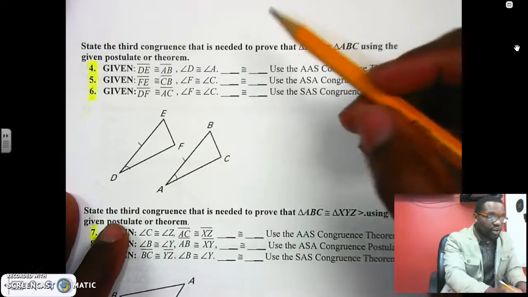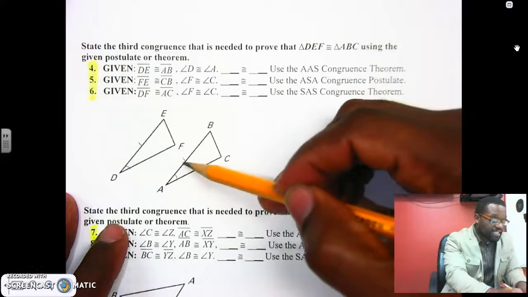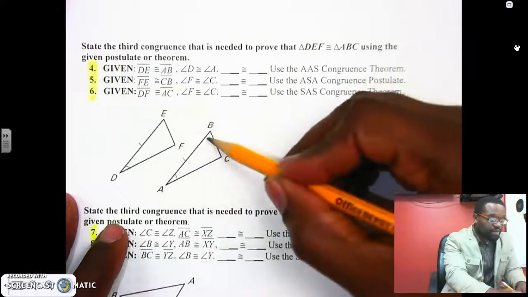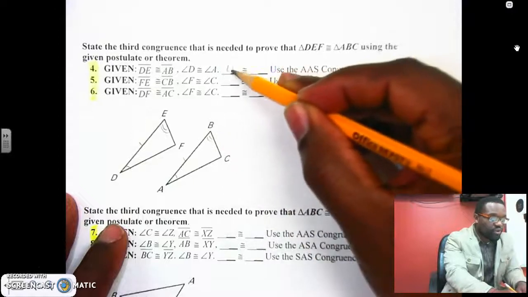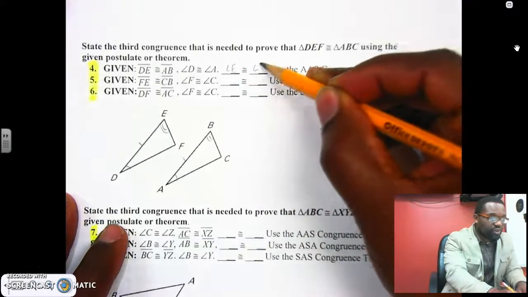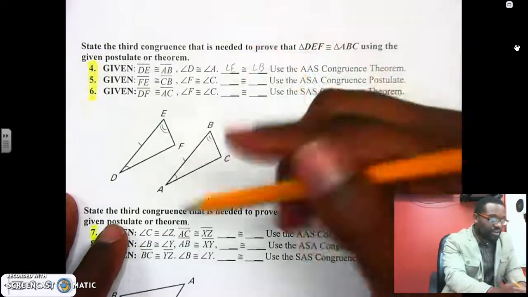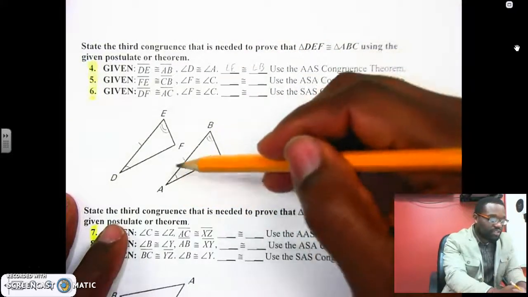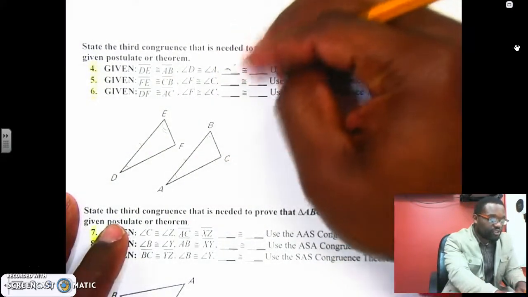Well, I would need another angle. I got a side and I got an angle, so I would say maybe angle E is congruent to angle B. That would actually be angle side angle. So that wouldn't be correct. That's incorrect. I shouldn't use that one.